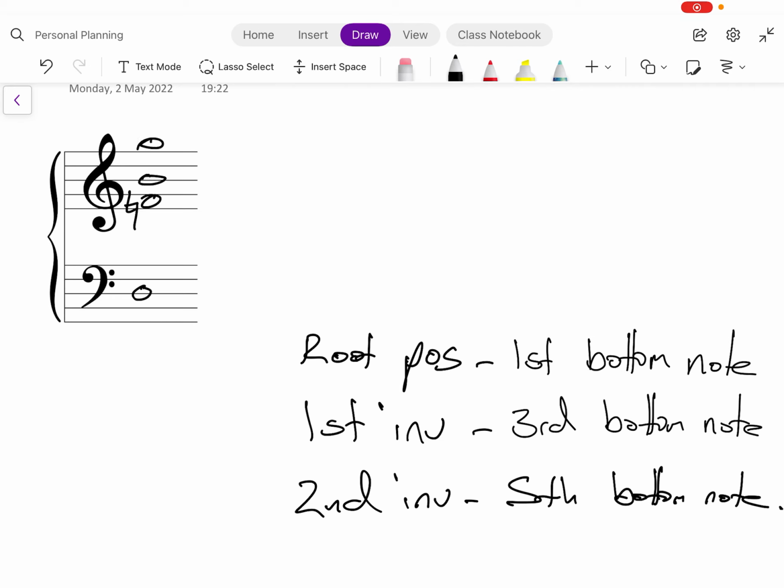So let's look at our notes. First of all, we're going to work out what the chord is. So what notes do I have? I've got D, I've got an F natural, I've got a B, and I've got a G up here.